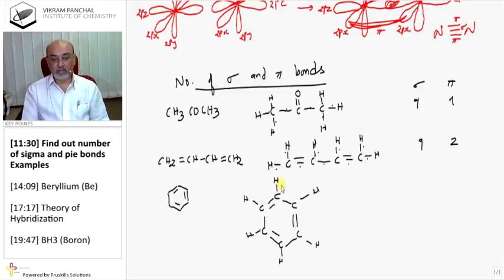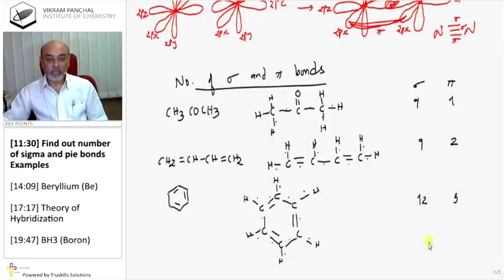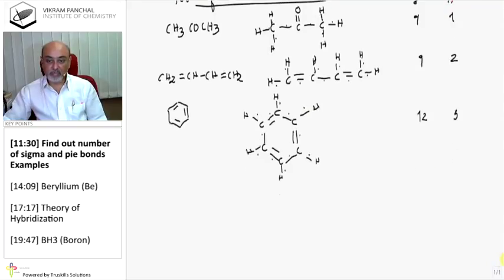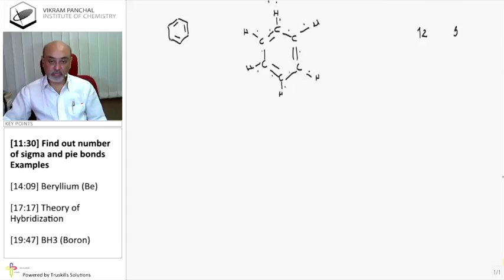Now calculate 1, 2, 3, 4, 5, 6, 7, 8, 9, 10, 11, 12. 12 sigma, 3 pi. So this way, if any molecule is given, you can find out the number of sigma and pi bonds.